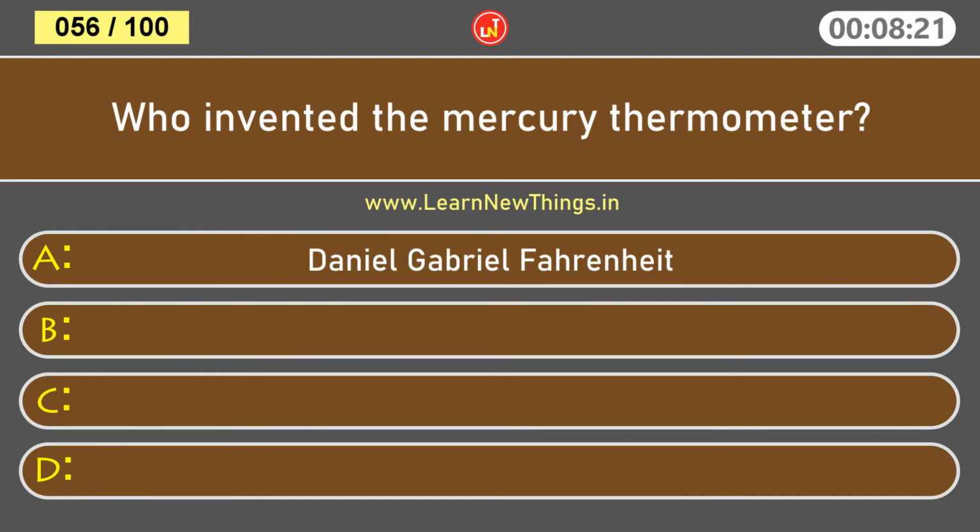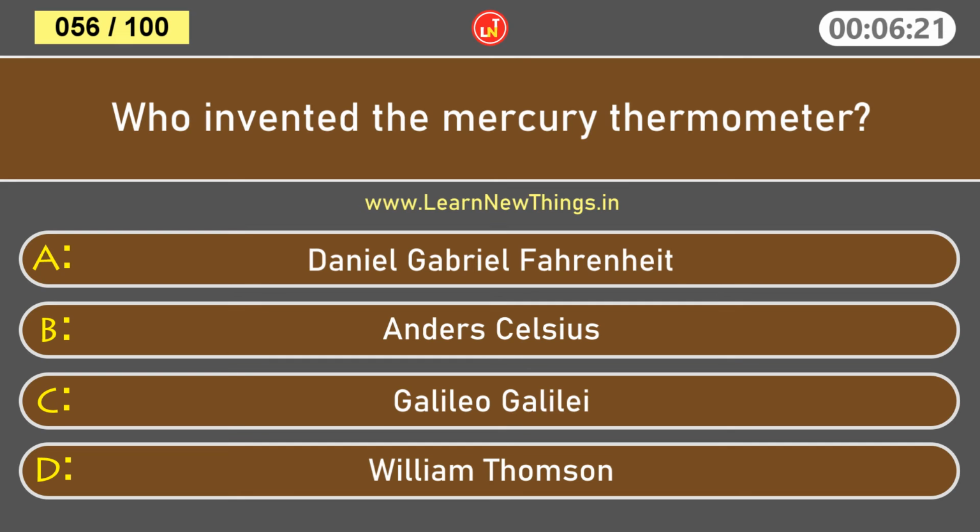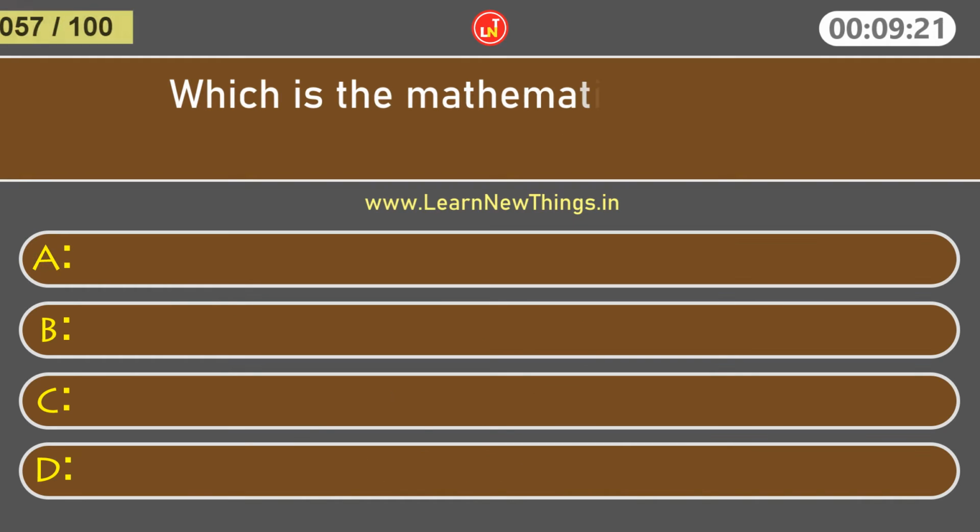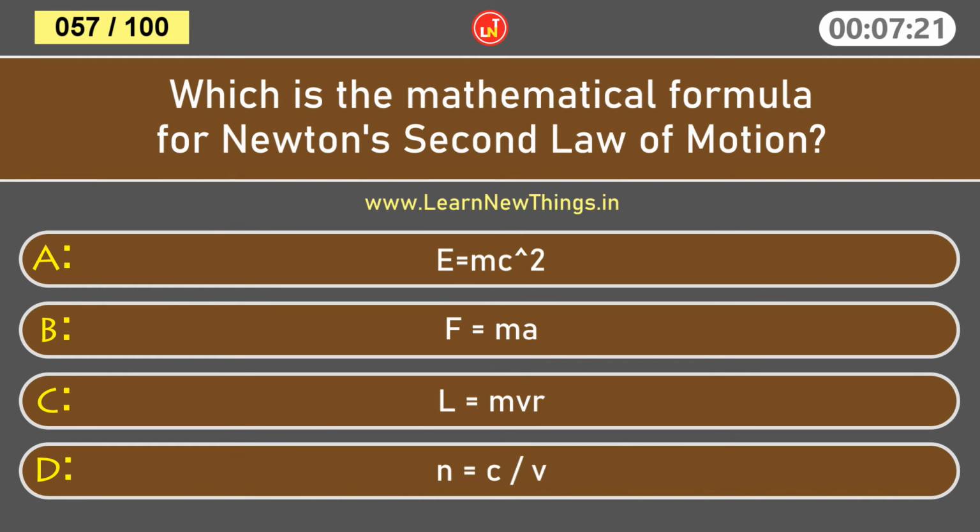Who invented the mercury thermometer? Daniel Gabriel Fahrenheit. Which is the mathematical formula for Newton's second law of motion? F equal to ma.